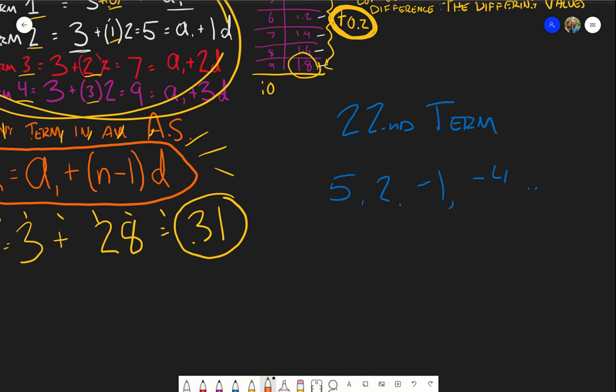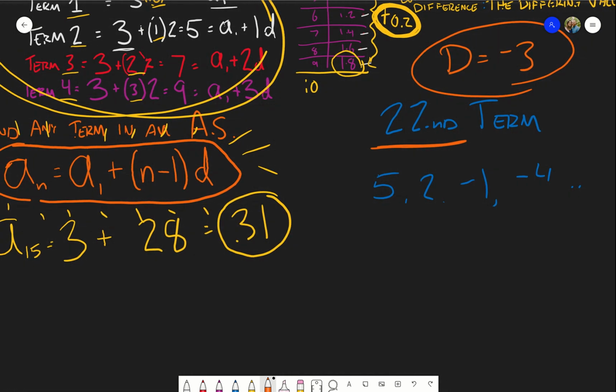Let's find my common difference. 5 to 2, we do -3, -3, -3. Difference is -3. And now I want to take this information, plug it into my formula.